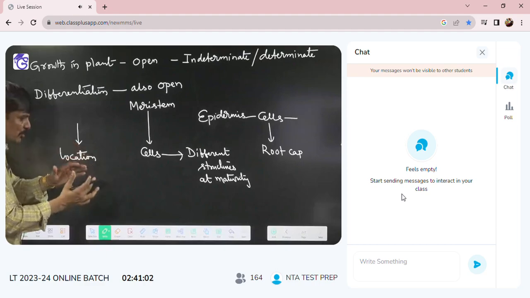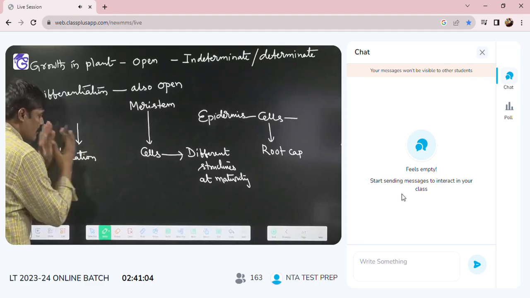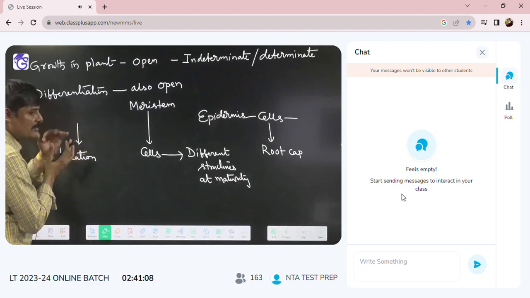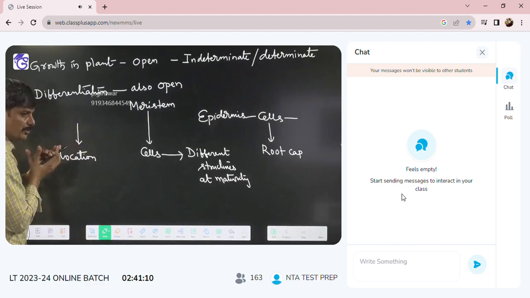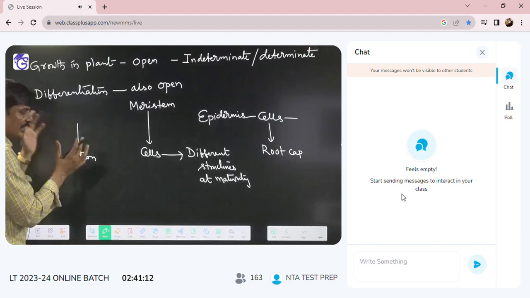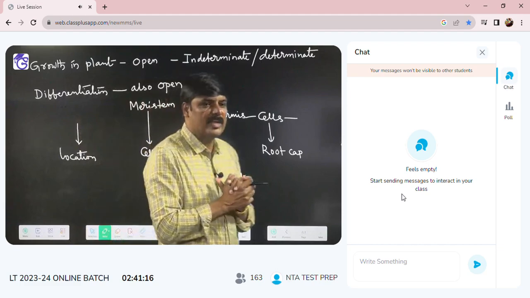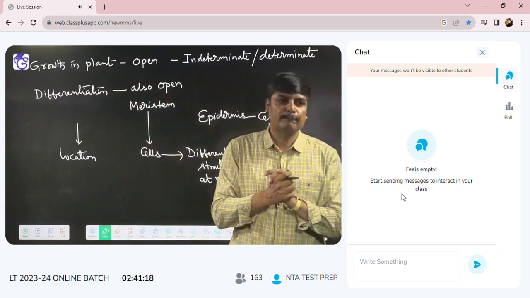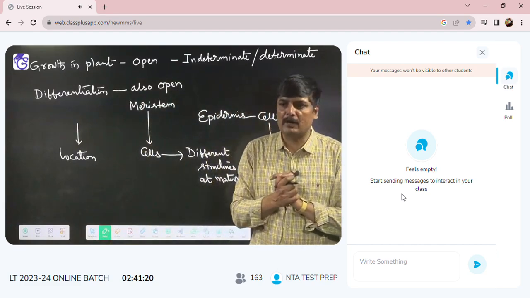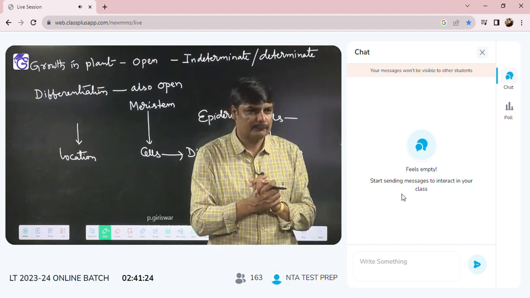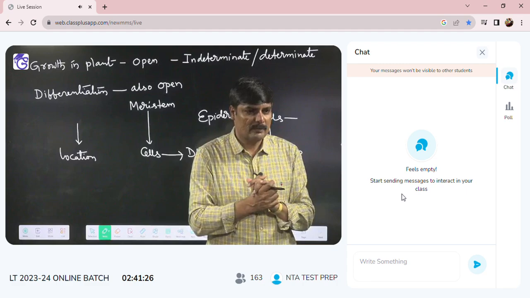Some becomes root cap, some becomes epidermis, some becomes cortex, some becomes vascular tissues. Accordingly, they will differentiate. So the differentiation depends upon their location. Hope you understand. Okay.